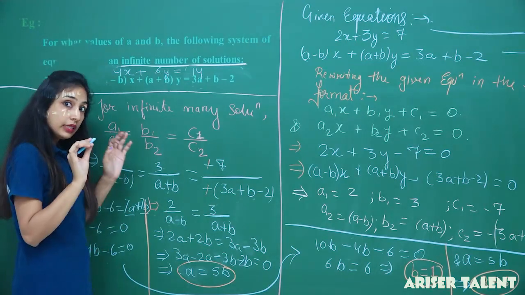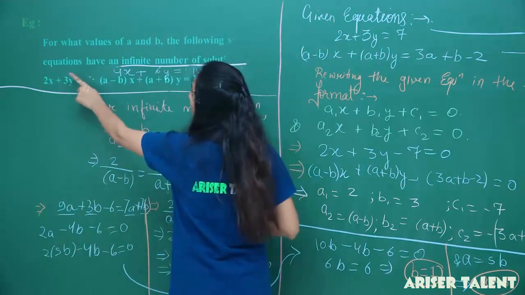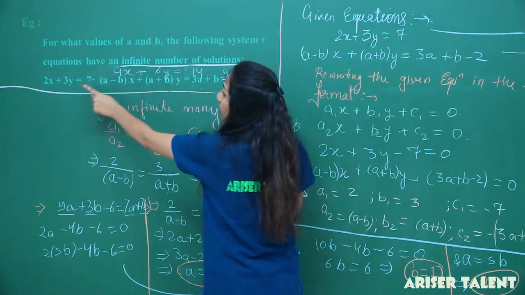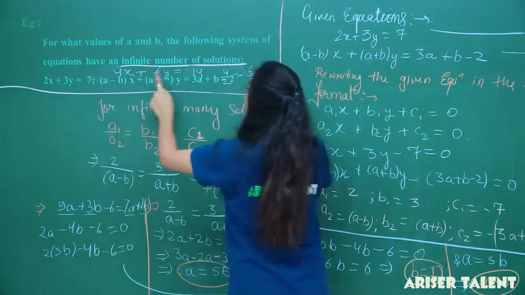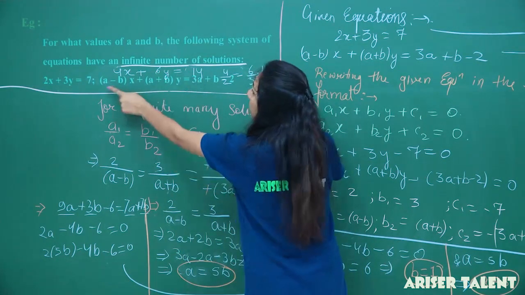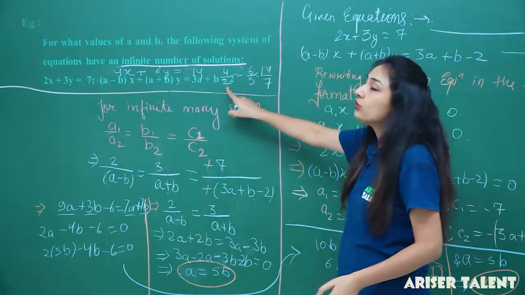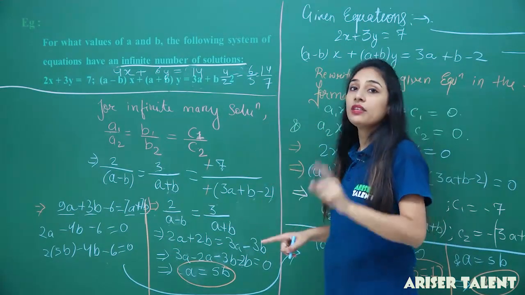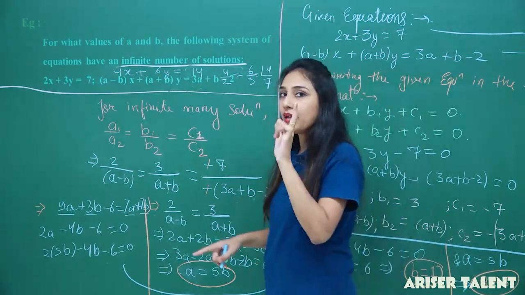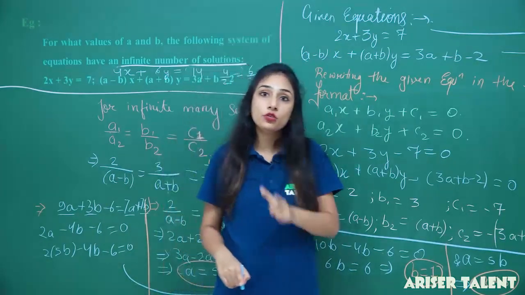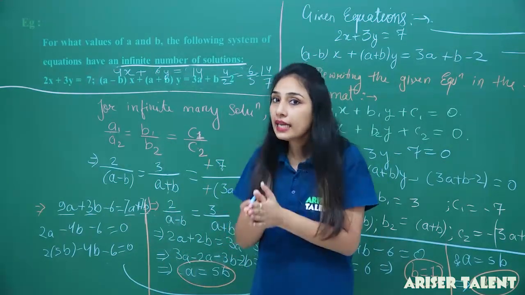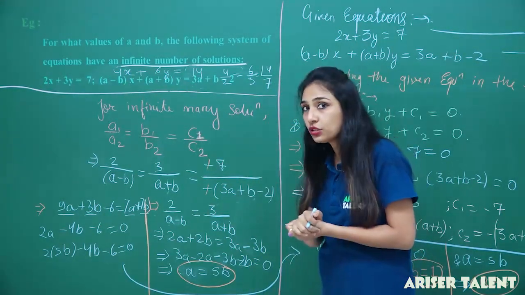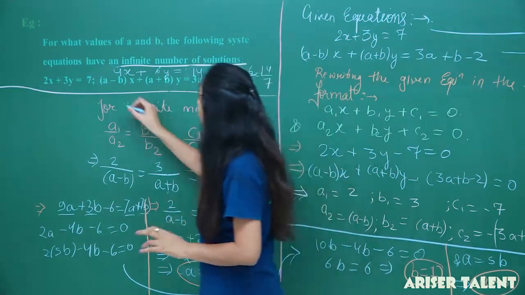Now the proportions should be equal. I have 4 by 2 equals 6 by 3 equals 14 by 7. Now 4 by 2 is 2, 6 by 3 is 2, 14 by 7, again 2. So a1 by a2 equals b1 by b2 equals c1 by c2. That gives that these equations follow the criteria of having an infinite number of solutions. So we have checked it also.